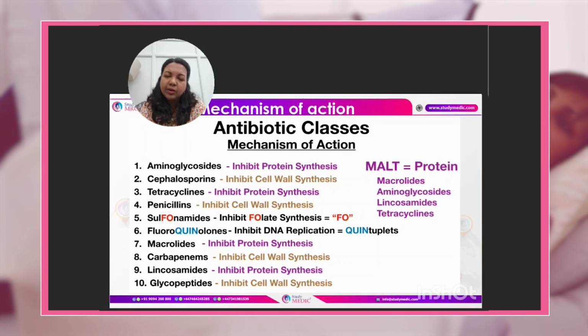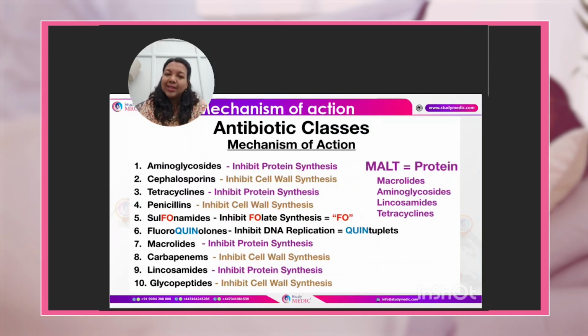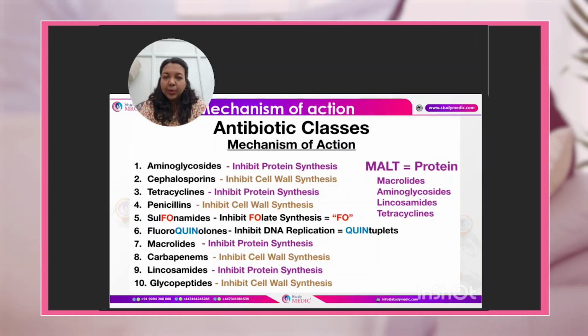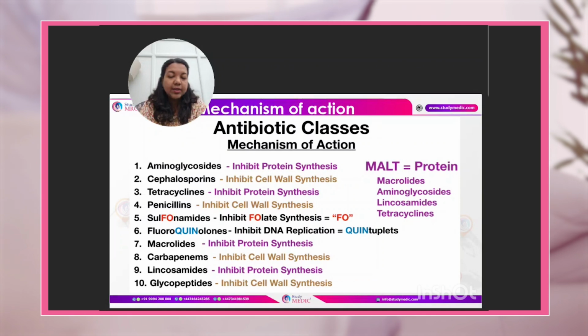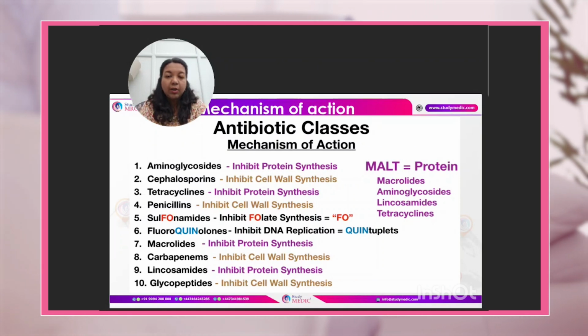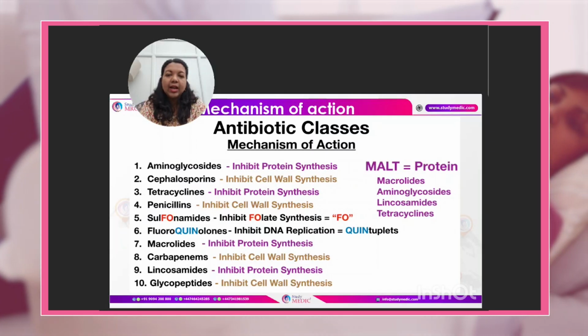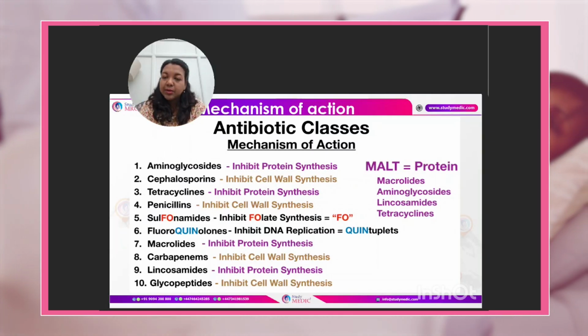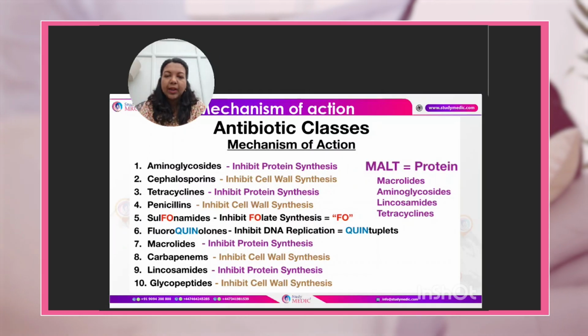So this is one slide which helps you for a final, quick revision where you can see aminoglycosides against protein synthesis, cephalosporin cell wall synthesis, tetracyclines protein synthesis, penicillin cell wall synthesis, sulfonamides folate synthesis, fluoroquinolones DNA synthesis, macrolides protein synthesis, carbapenem cell wall synthesis, lincosamides protein synthesis, and glycopeptide cell wall synthesis.